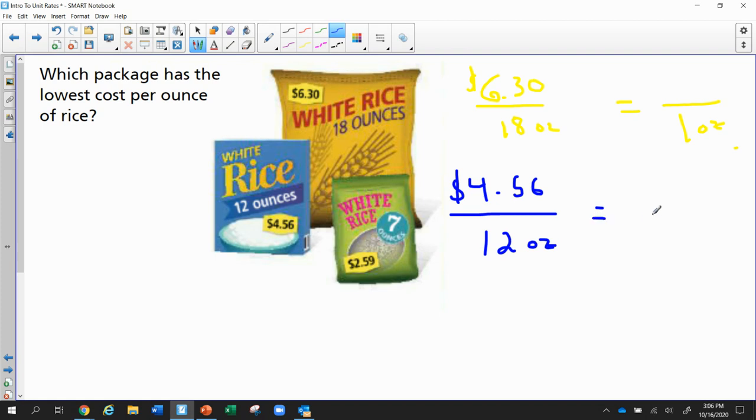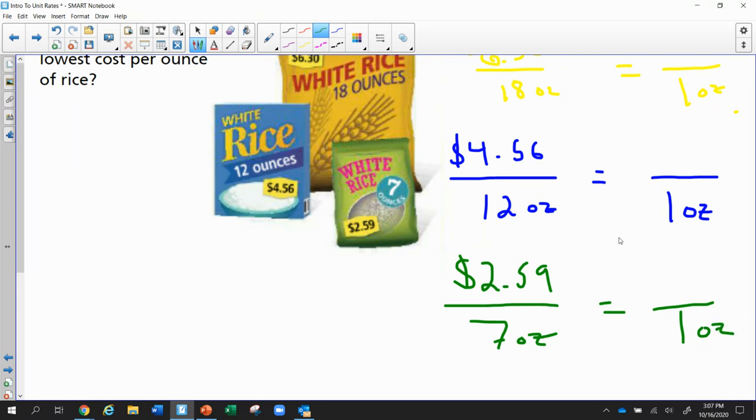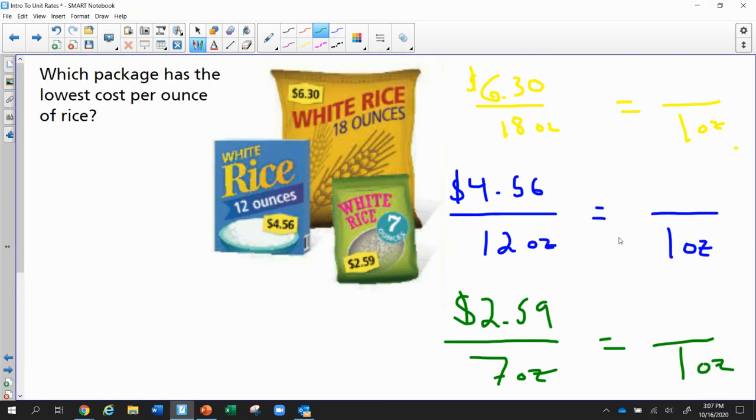And again, we want to know for 1 ounce, the unit rate. And last, the smallest bag is $2.59 per 7 ounces. We want to know for 1 ounce.